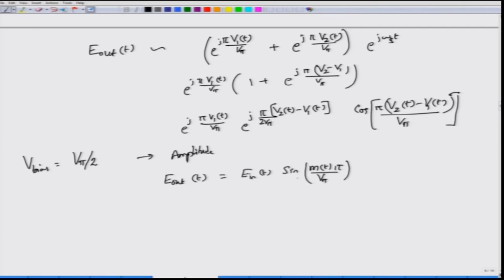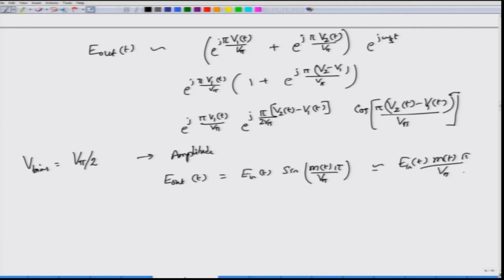Okay. And for small values of m of t, this is very nearly E in of t m of t pi by V pi. Okay. So, this amplitude is getting modulated onto E in of t. So, this is basically an amplitude modulated wave.